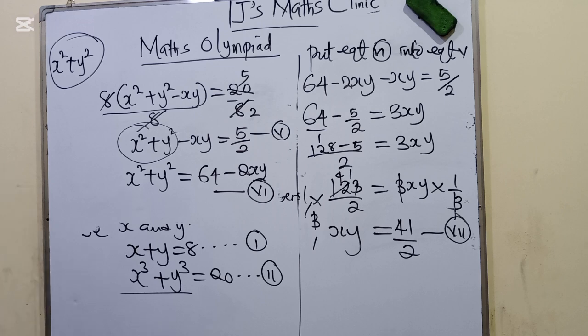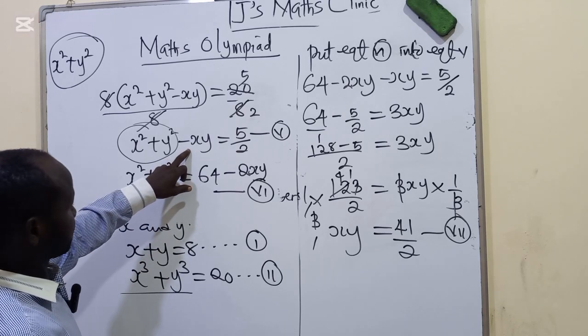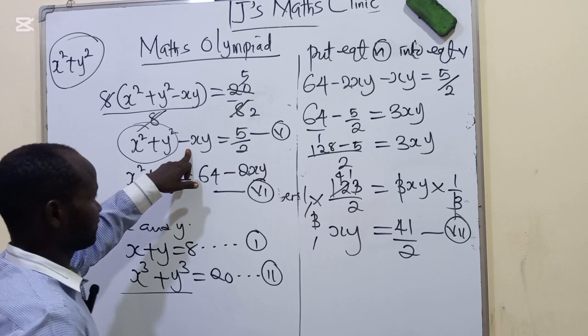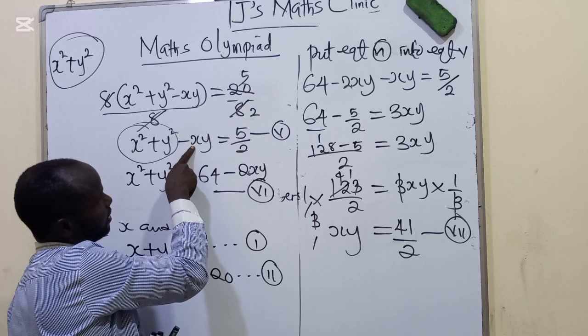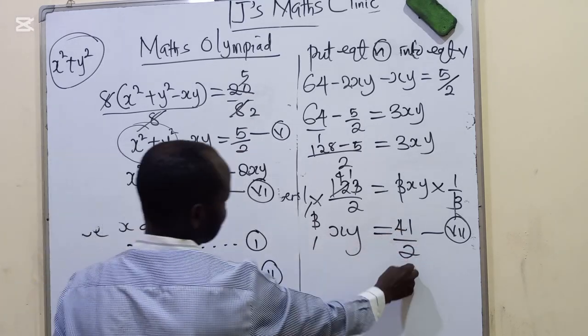So you realize that we can plug this back into equation 5, since we are looking for x squared plus y squared. In place of this xy, we can replace 41 by 2.